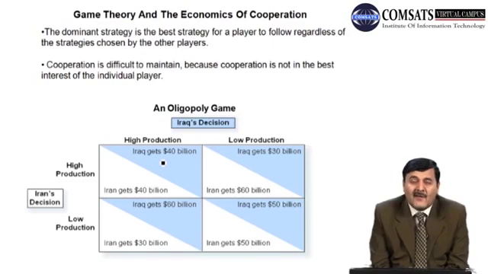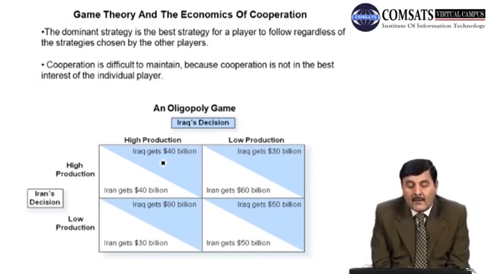what would be the best strategy for Iraq? If Iraq decides on a high level of oil production, let us see what the best strategy will be for it. If we take the first box, where there is high production of oil by Iraq, Iraq gets $40 billion in returns, and if Iraq has low production of oil, Iraq gets $30 billion in returns.